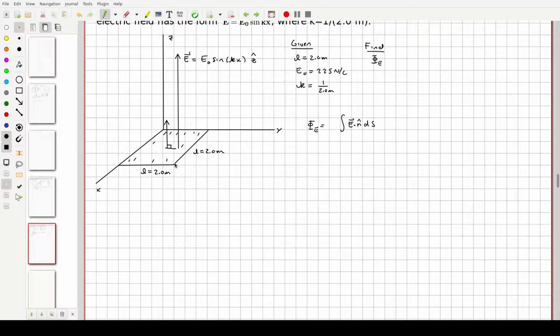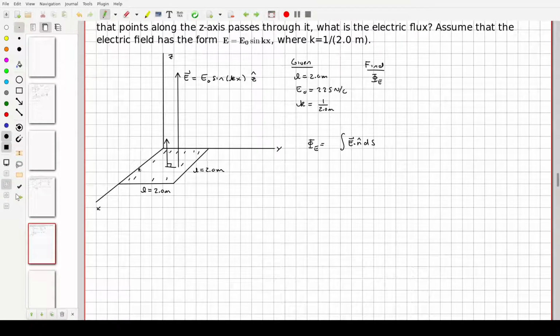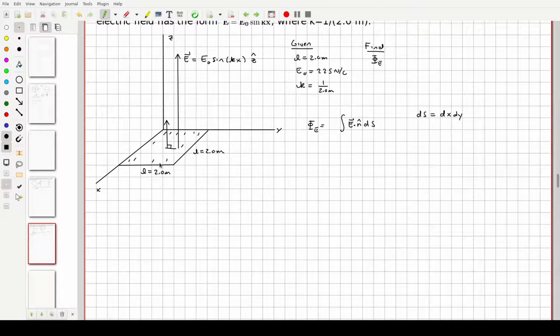Now here, we're dealing with Cartesian coordinates, which is pretty easy to deal with. For surfaces in Cartesian coordinates that lie in the xy plane, our surface element is dx dy. You move along x, you move along y. That's how you make your area.